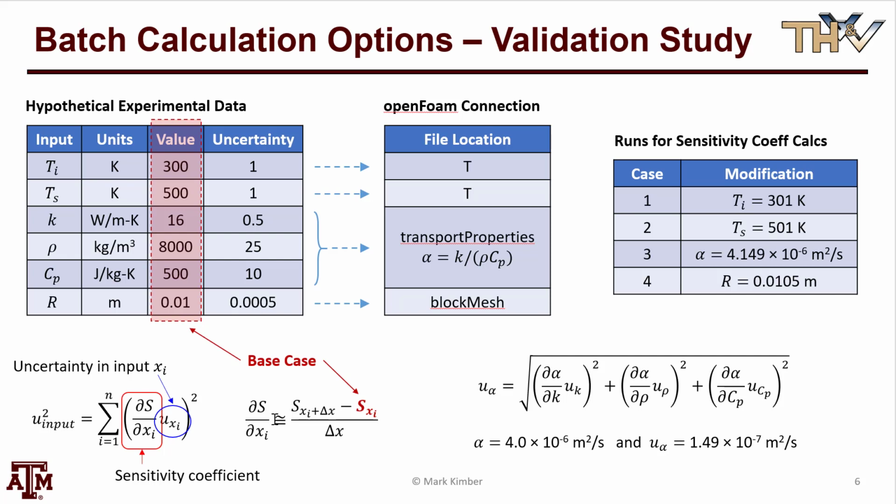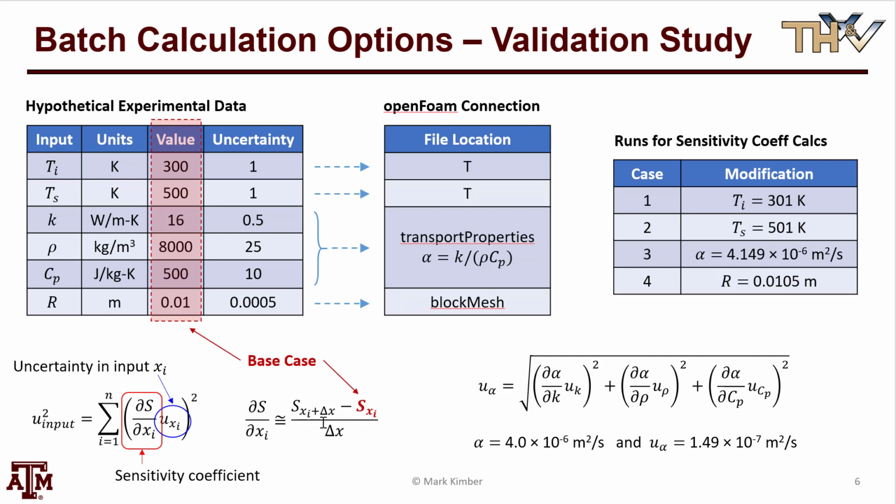So if I'm looking at the influence of one input parameter, my TI, then I would change TI by some amount, evaluate that, find out what my centerline temperature is at a specific time, and then compare that to my base case, which is all these numbers. Take the difference between those, that's my dS, and then the denominator represents how much I decided to step it by when I considered that new case.